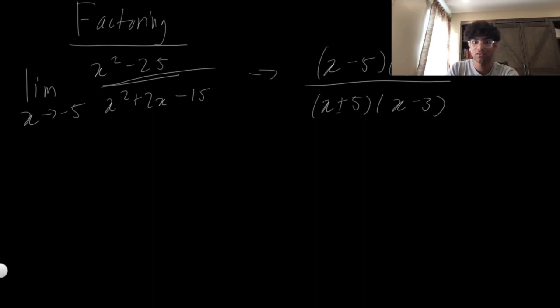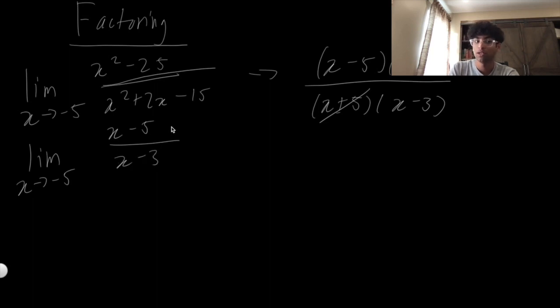We could just cancel these out due to properties of fractions. Now we have the limit as x approaches -5 of x minus 5 over x minus 3. So now, as you guys might notice, we could actually try direct substitution here.